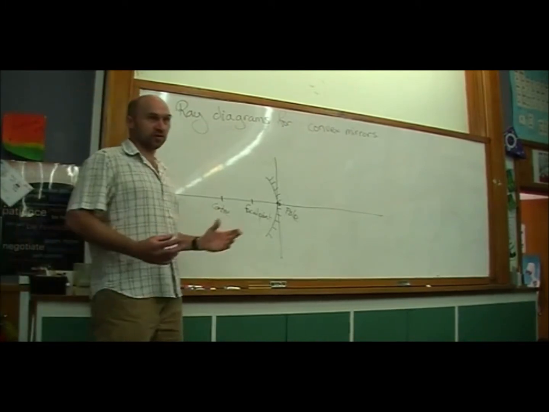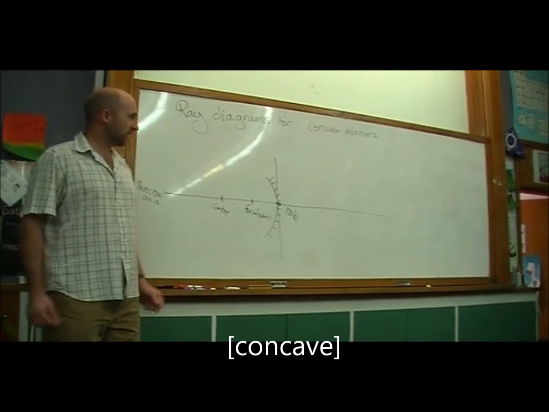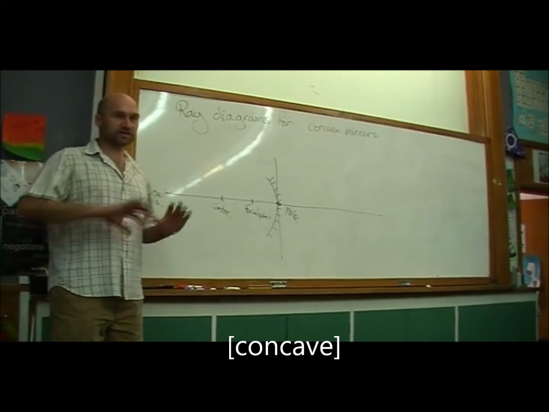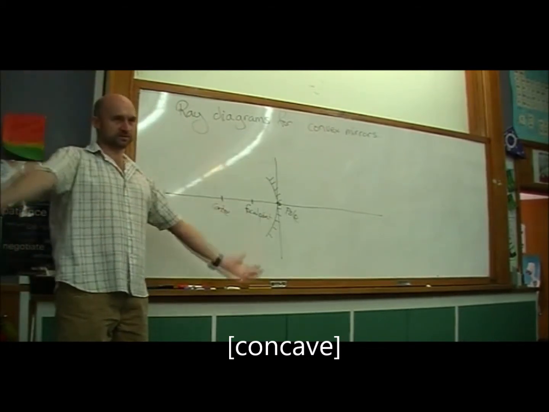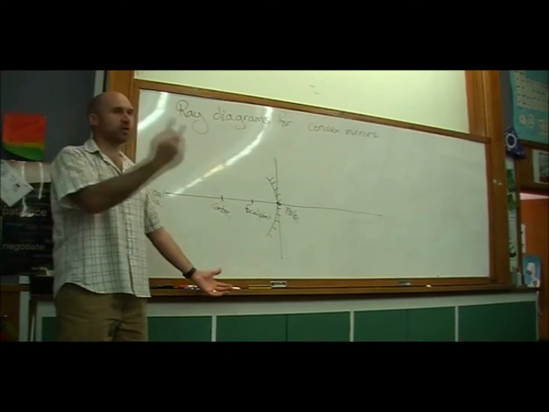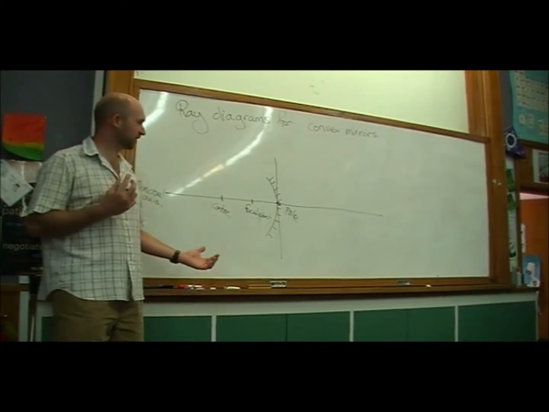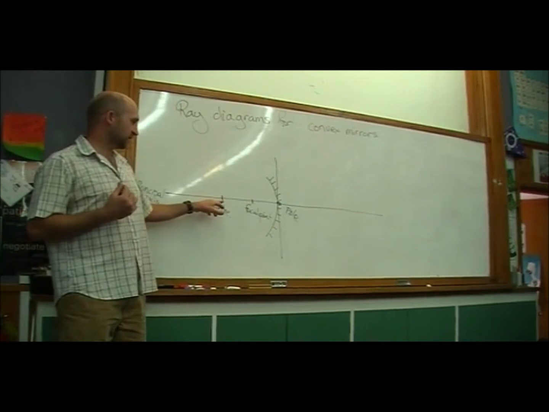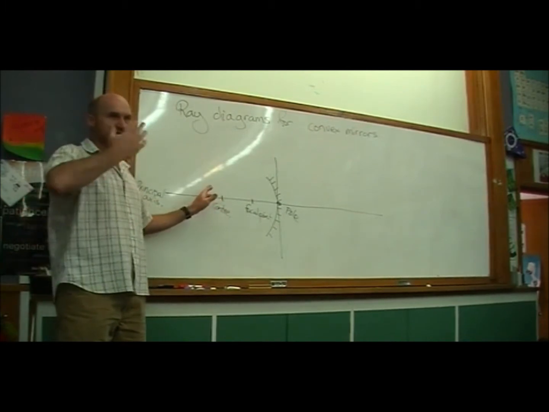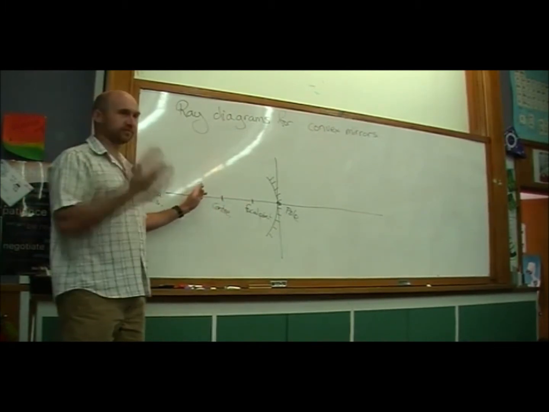Thinking about what a convex mirror is, to make a convex mirror you make a big ball of glass and you cover the whole inside with reflective stuff, and then from the centre of that ball you just cut little bits of mirror off.